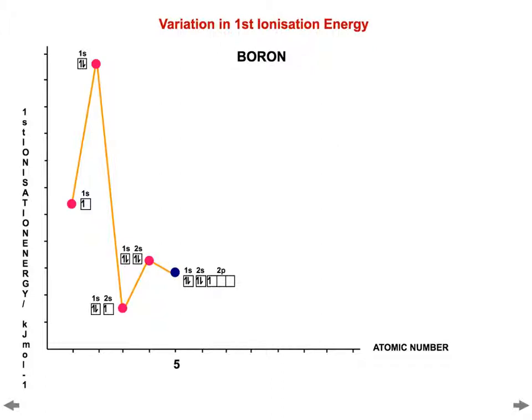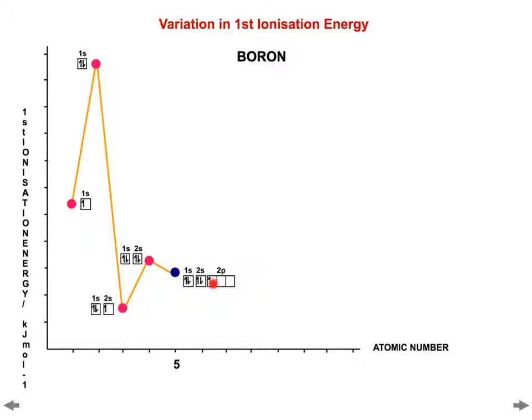Now boron we would expect to be up here. It's got an extra proton, and in terms of shells, it's still in the same shell. The reason it's less than we expected, the reason it's easier to remove this outer electron, which is this one here, is because this outer electron goes into the 2p subshell. Now there's 2 reasons you can get away with saying for AQA why this is.